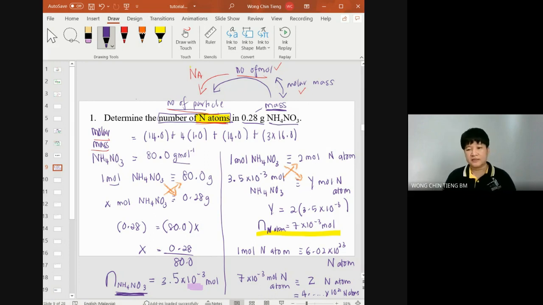Avogadro constant ada unit. Alright, yang di mana unit dia kita bukan guna unit biasa, kita akan tulis what are we calculating. Nitrogen atom, molecule, ion or whatsoever yang kita akan kira. Okay. Question?